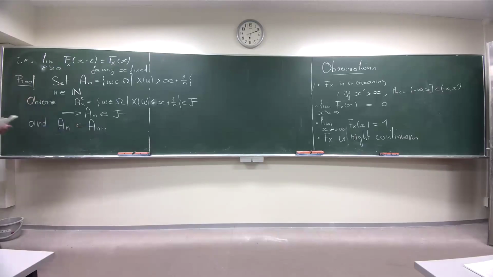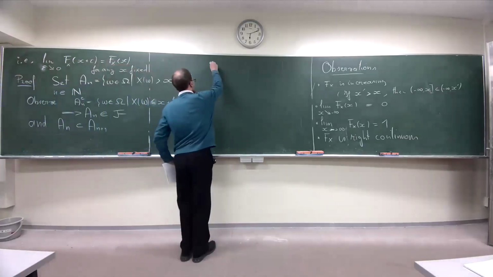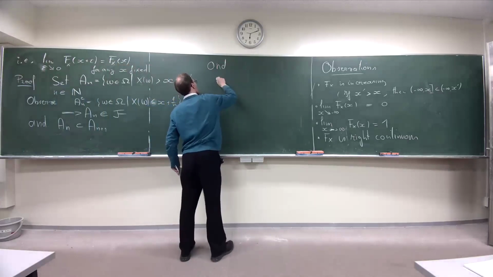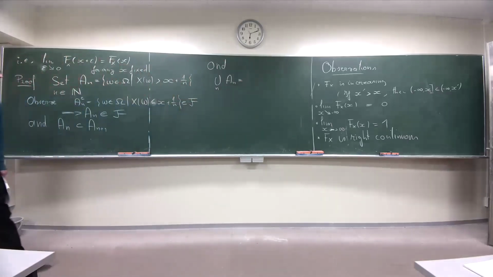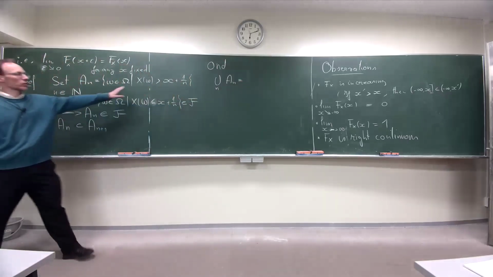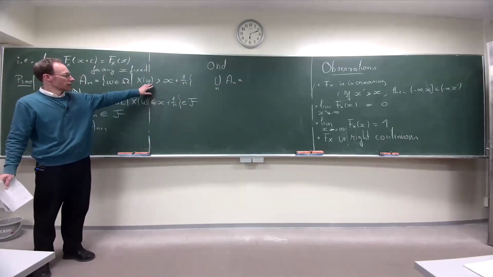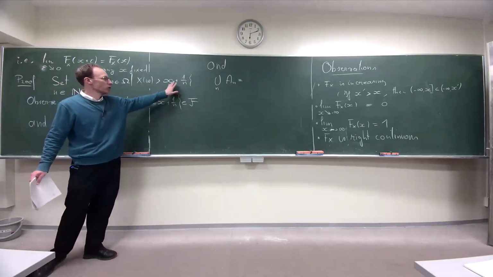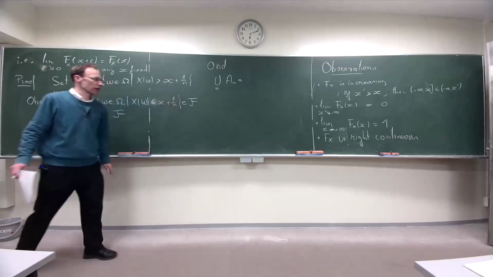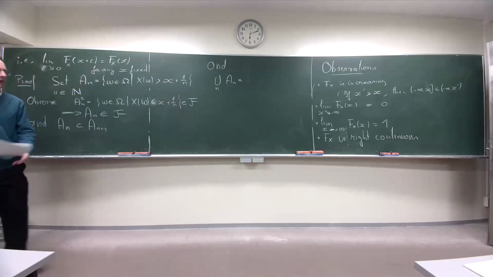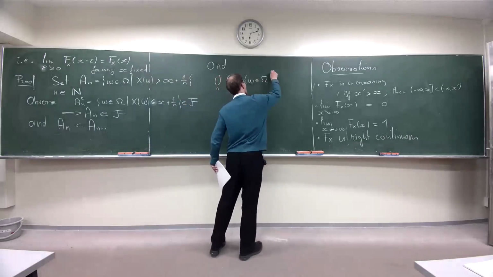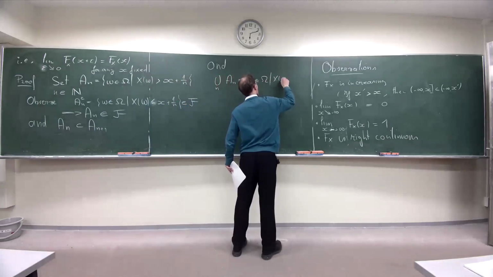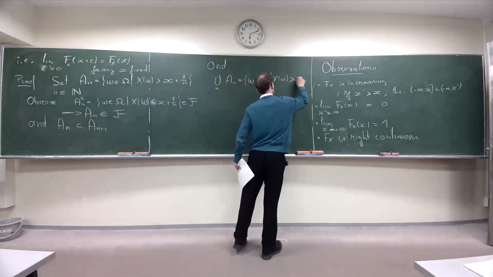All right, I need this information. And now, what is the union over n of A_n? You want the set of points which are bigger than x plus 1 over n, but n is arbitrary. I'm claiming this is the set of omega such that X of omega is strictly bigger than x.